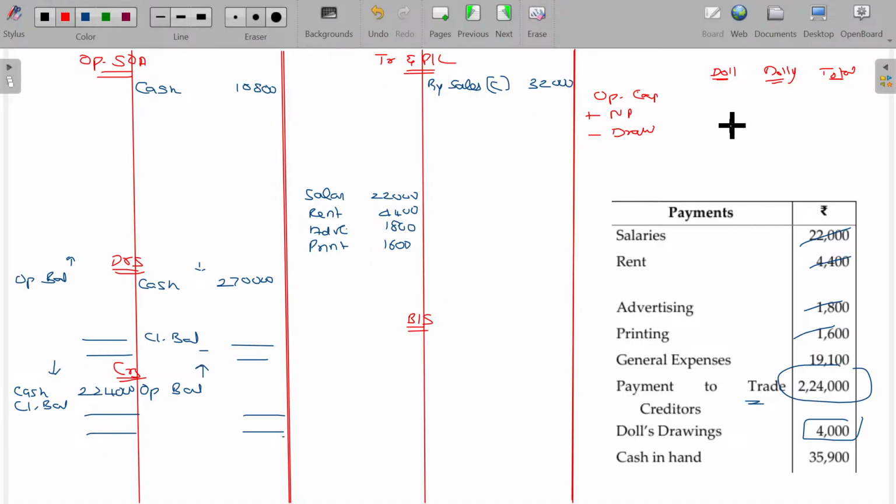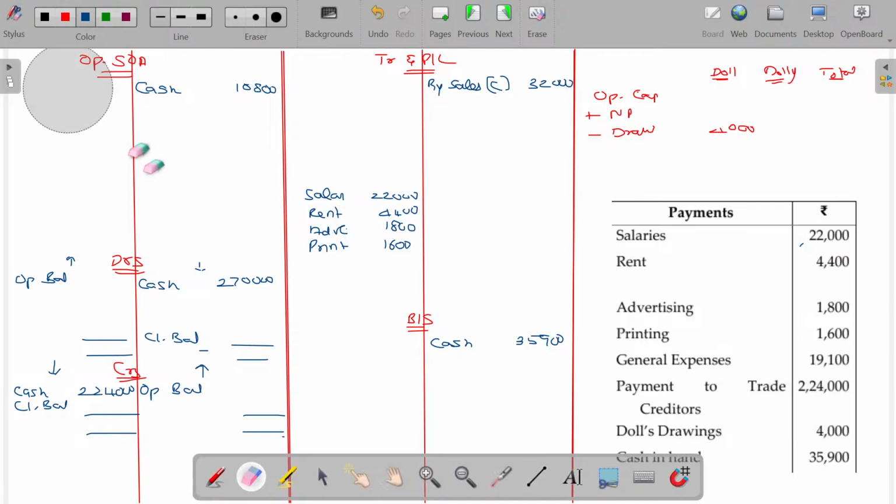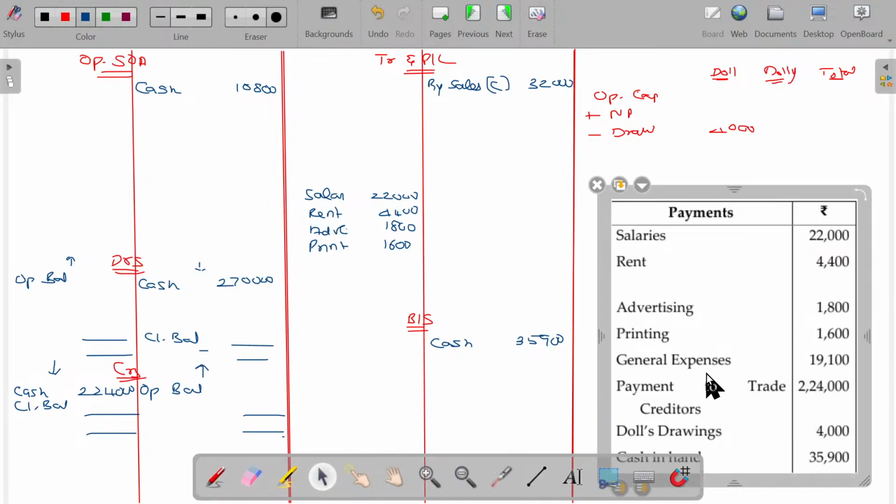Here the drawings being 4,000 are only for Doll, not for Dolly. And the closing cash balance being 35,900. With that, payment items were posted.